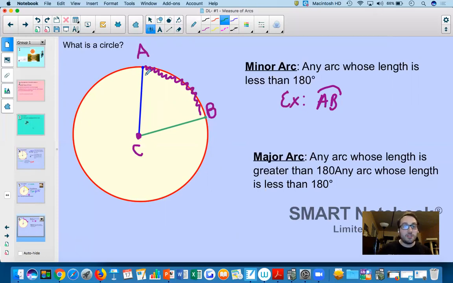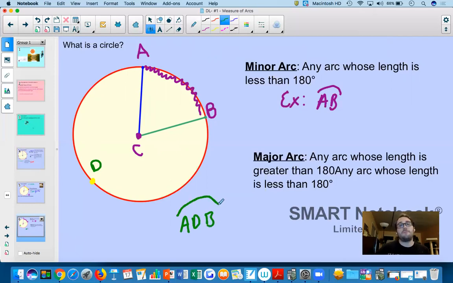Now, if I wanted to name this other piece of the circle, the other bigger arc, or rather the major arc, you actually need a third point. So let's call that point D for Mr. D'Souza. And you would have to write A to D to B. A to D to B.